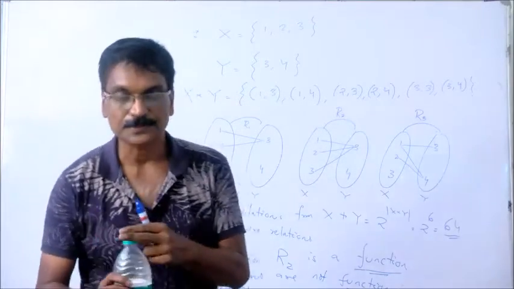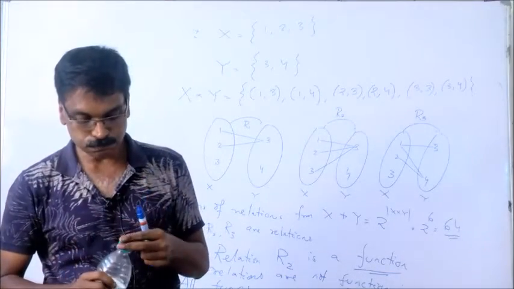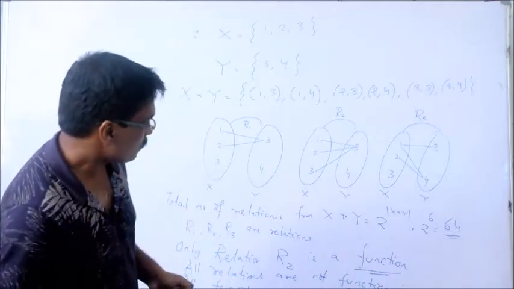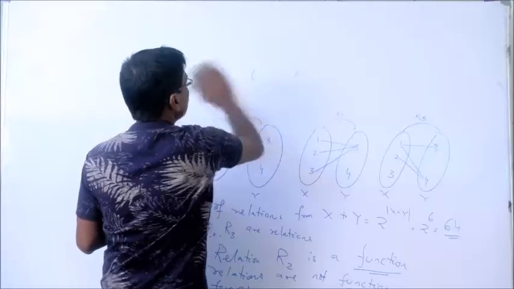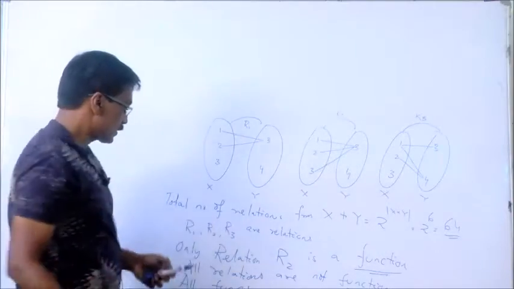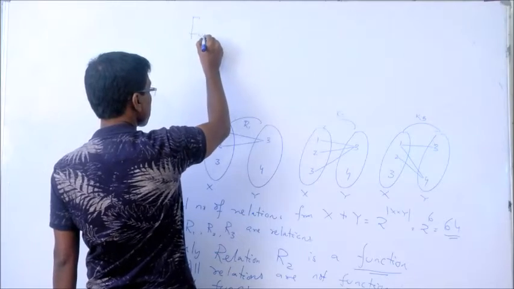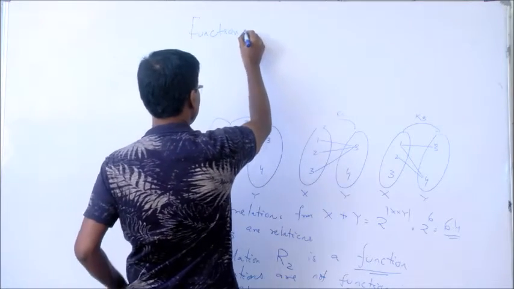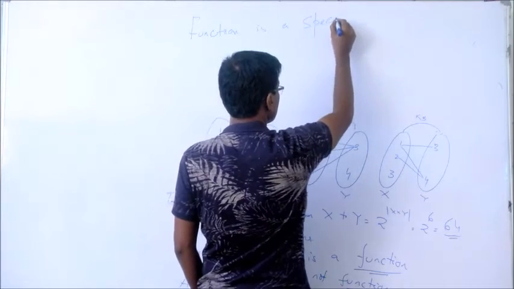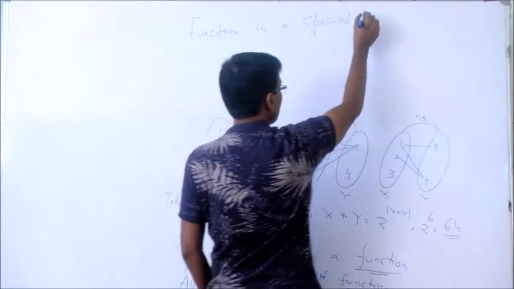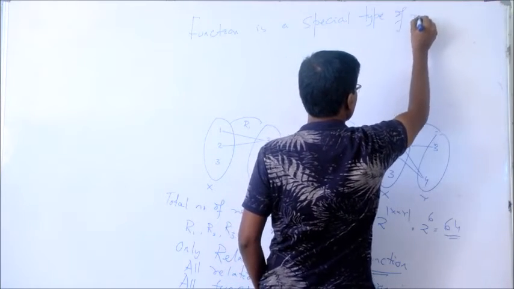So, what is a function? A special type of relation is called a function. So, in mathematics, a function is a special type of relation.